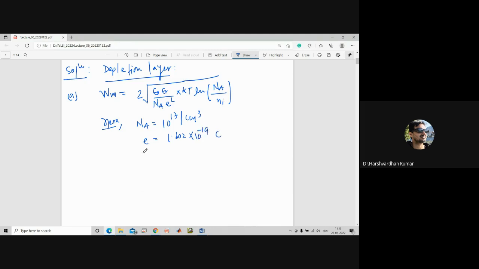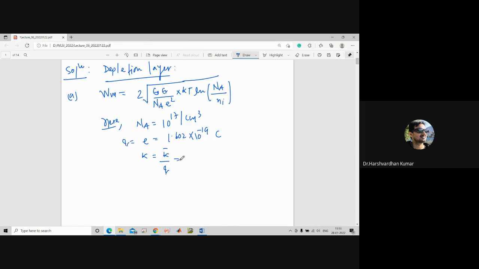Now we will talk about K. So K is the Boltzmann constant, right? So here we will determine the value of K in electron volt. Q or E, both are the same, charge of electron.